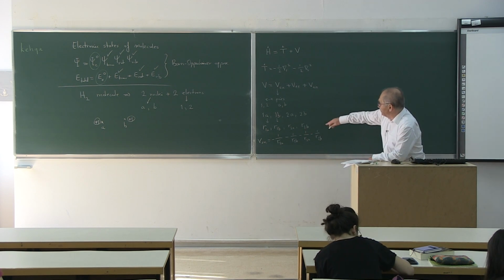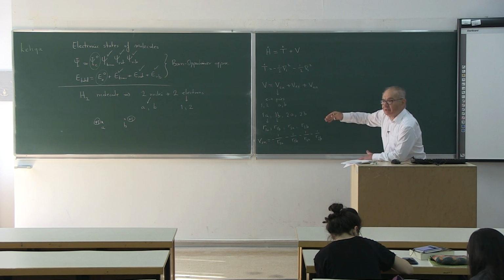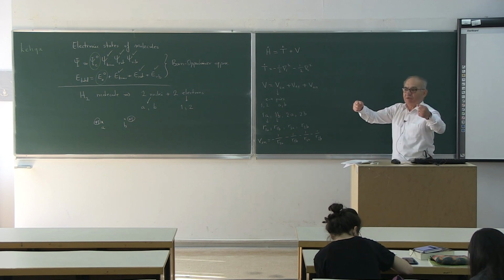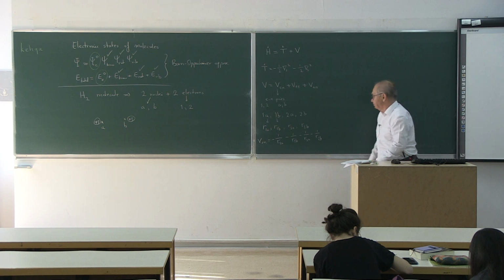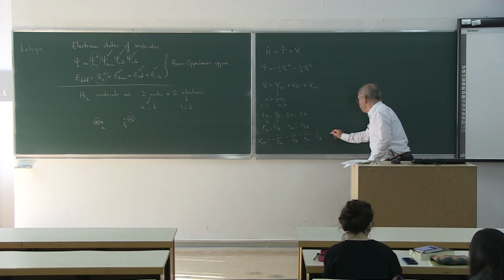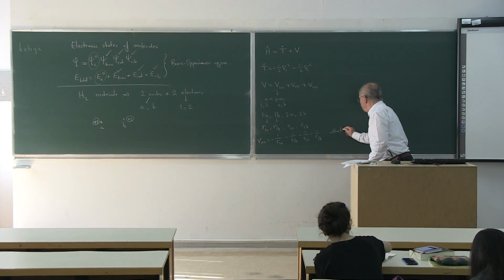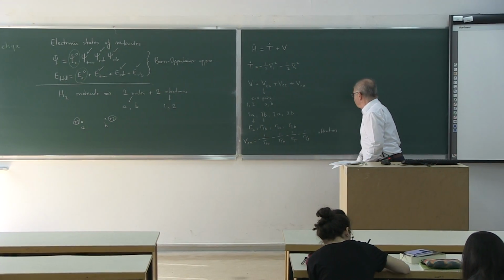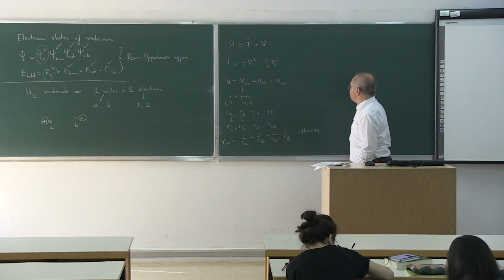This expression is the contribution to the total Coulomb interaction energy arising from electron-nucleus pairs. They are all attractive because the nuclei and electrons have opposite charges. So these are electron-nucleus attractions.